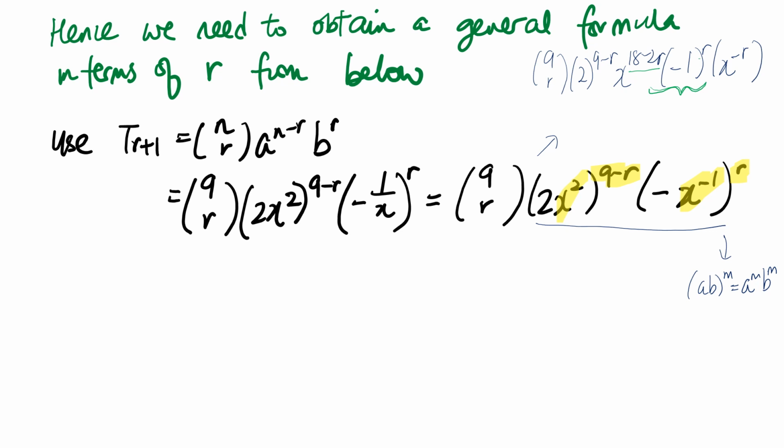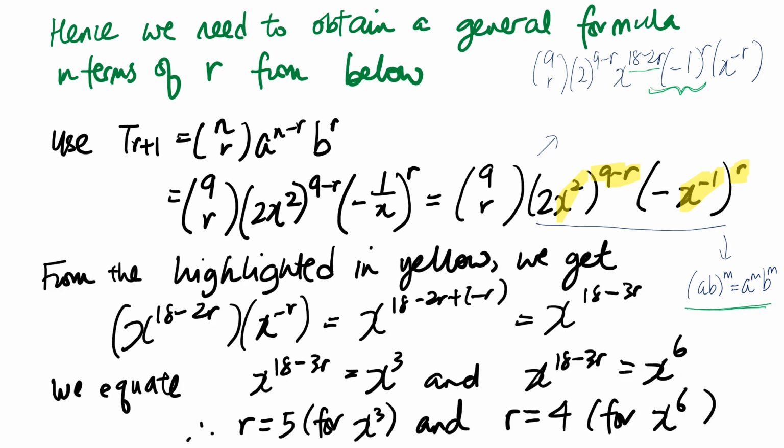So we just apply this rule underlined in green, and this is what you'll get. You will have 2 times 9 gives you 18, 2 times -r, so altogether it gives you 18 minus 2r, which is what I have here.